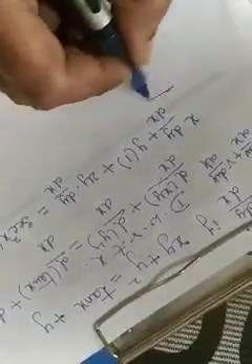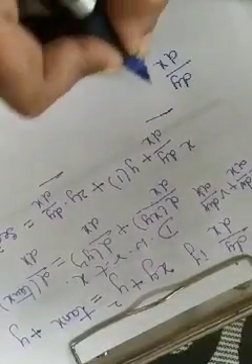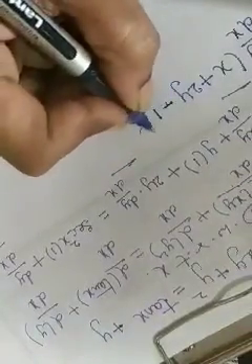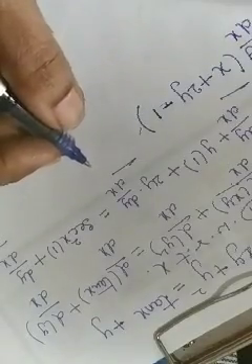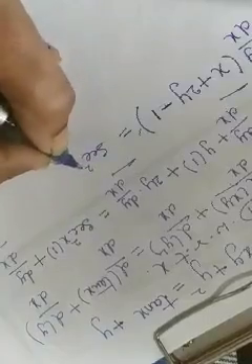Now group the dy by dx as one term. We are having three dy by dx terms. Dy by dx times x plus 2y. If we shift the dy by dx to LHS, it becomes minus 1, minus 1 secant square x.